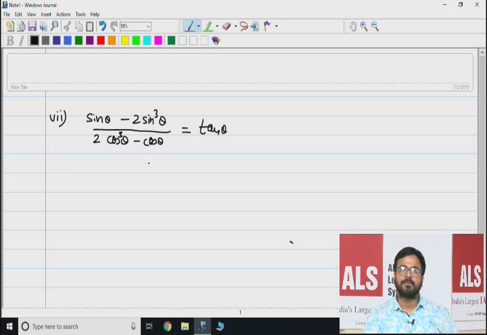Now you can see the right hand side is already in the simplest form. We have to focus on the left hand side and simplify it so that it is equal to the right hand side.